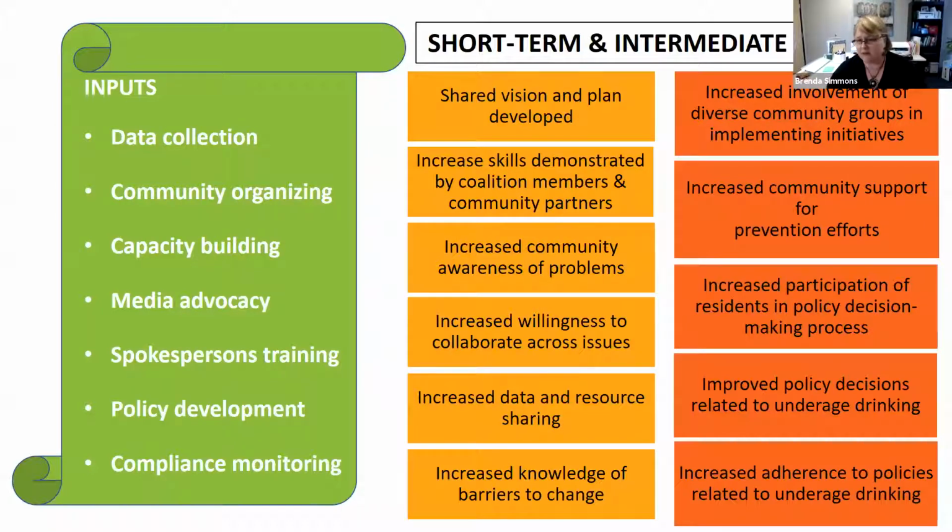Having 5 or 6 people at the table isn't going to work. And I don't think the metric is the number of people that come to a meeting, but actually, are they engaged in the project? So those are the kind of metrics and data collection that you understand now, because you've identified your short and intermediate outcomes. You know what baseline data you need to collect and how you're going to measure these short and intermediate outcomes. Next slide, please.